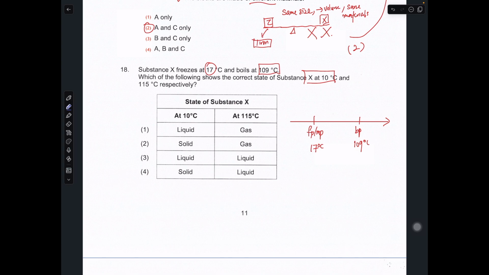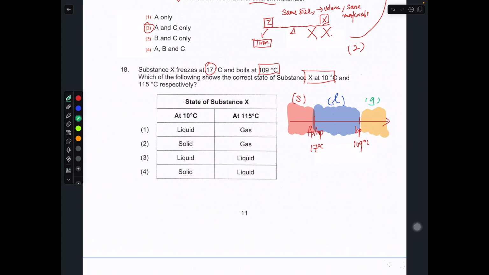I'll put it in this manner. Any part that is here will be solid. Any number that lands here will be liquid. Any number that lands here, in the next section, will be your gas.